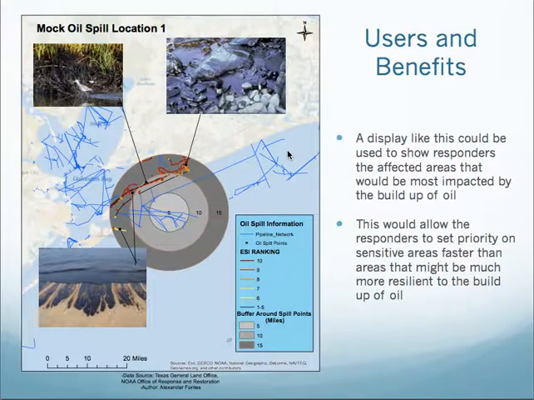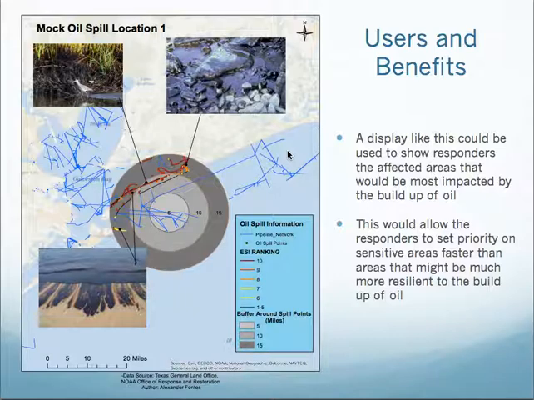The state of Texas could. So this is something I created. This is one of my outputs, kind of to show what this data could realistically do. These maps could be created to show first responders affected areas that would be most impacted by the buildup of oil.